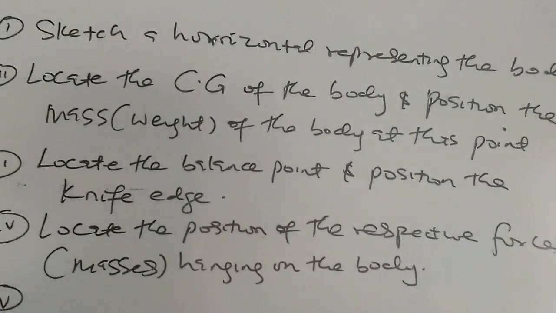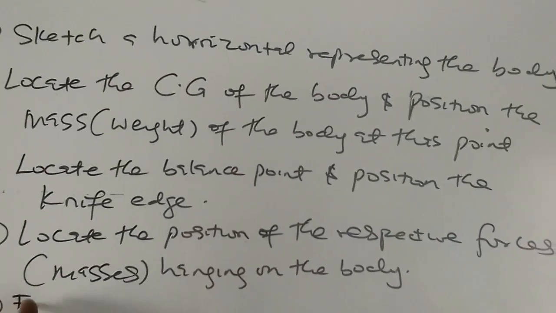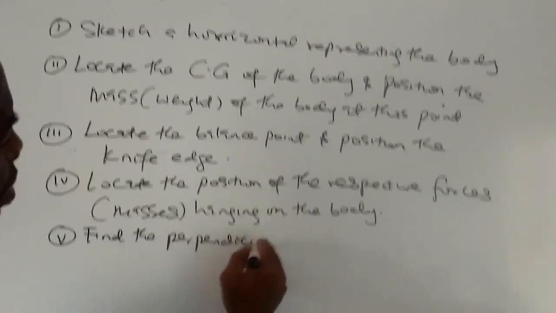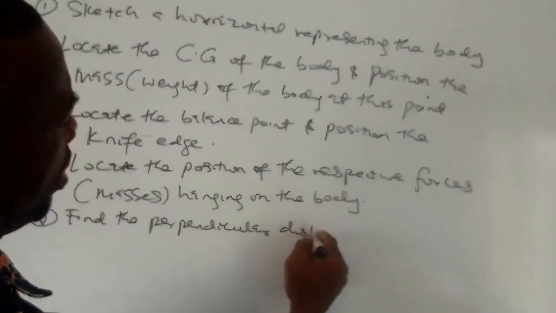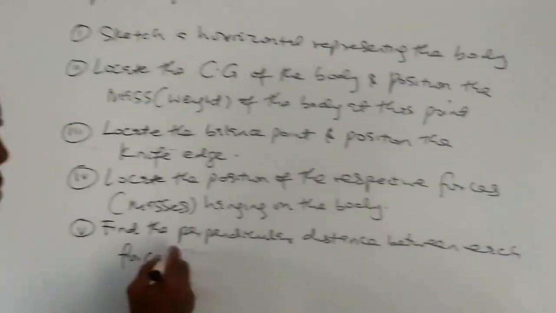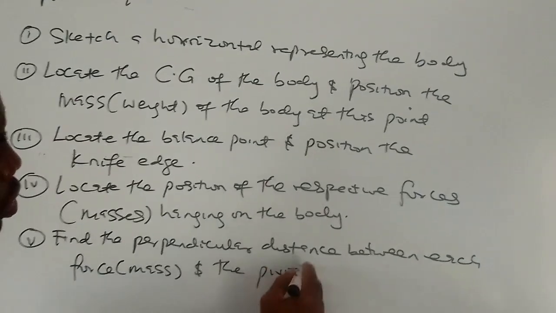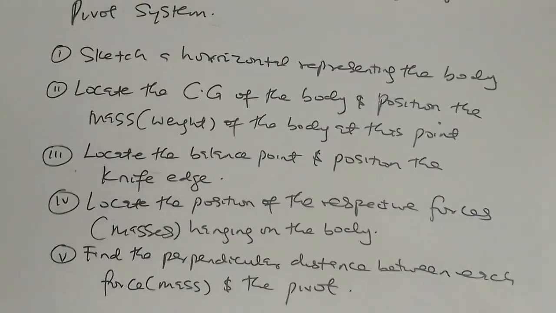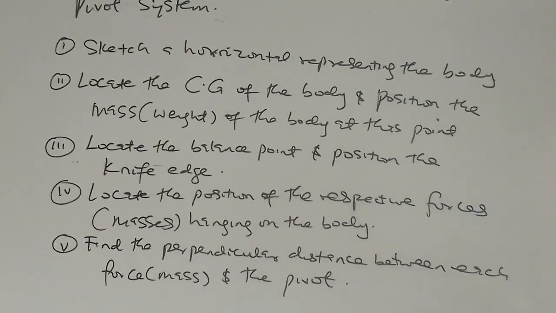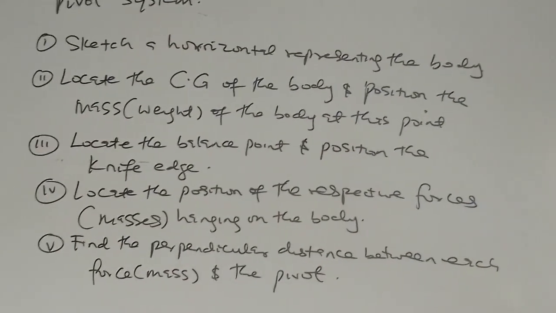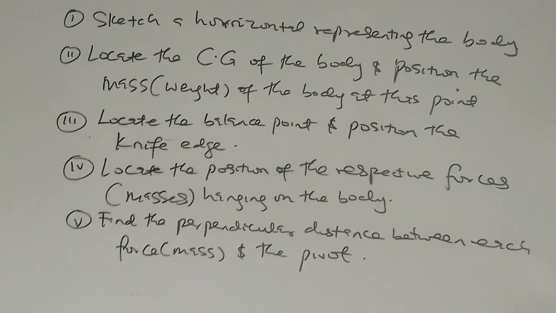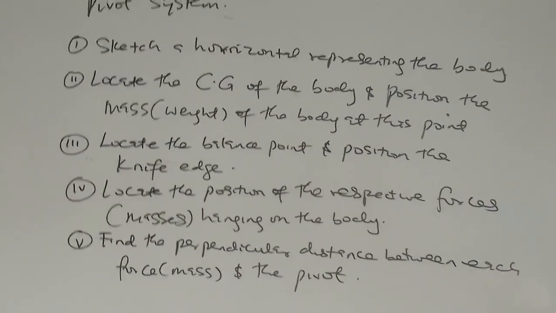Number five, find the perpendicular distance between the pivot and each force or mass. So these are the steps to take when we want to make a calculation on a single pivot system.